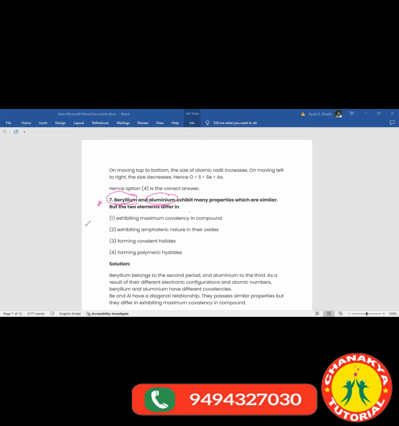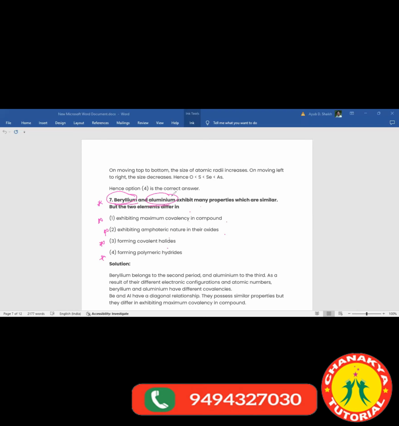That we have to see. First option: exhibiting a maximum covalency in a compound. Second: exhibiting an amphoteric nature in their oxides. Then forming covalent halides and forming polymeric hydrides.